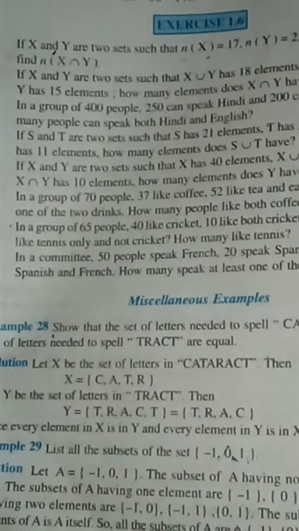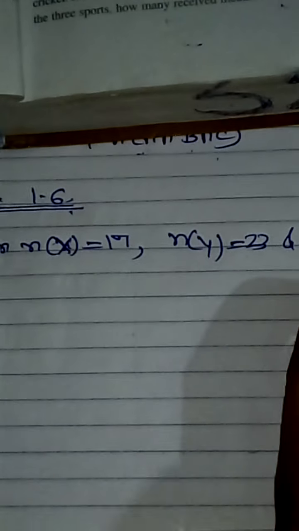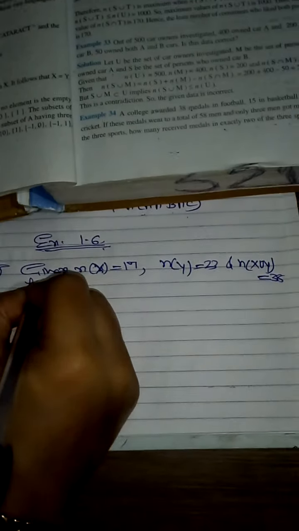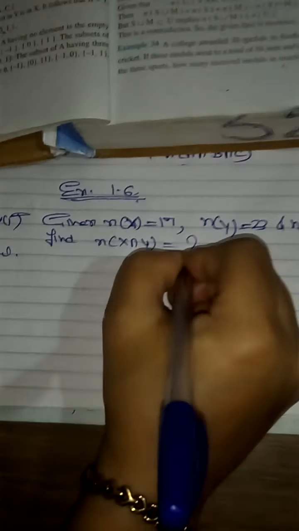What is given? n of x equal to 17, n of y is equal to 23, and n of x union y is equal to 38. Now find n of x intersection y, find out the value of this.